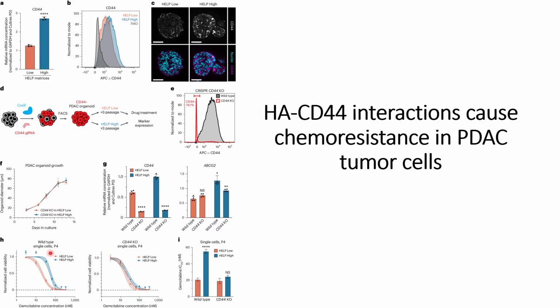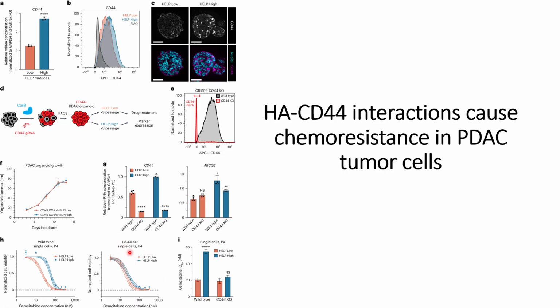For passage 4 in the wild type, they can see a statistically significant difference in the cell viability between high HA matrices and the low HA matrices. In the case of high HA matrices, more gemcitabine is required, and this has been quantified in panel I, where we can see that for the wild type, the gemcitabine IC50 requirements are statistically significantly higher compared to the low HA matrices.